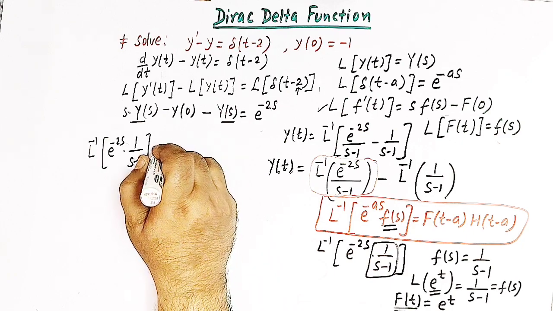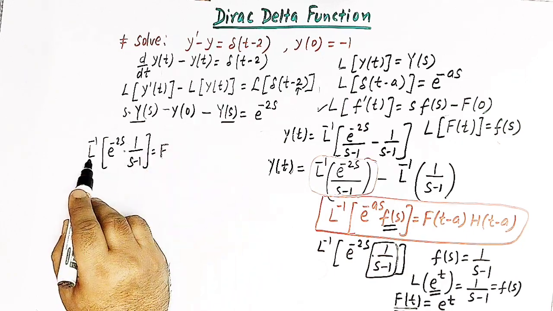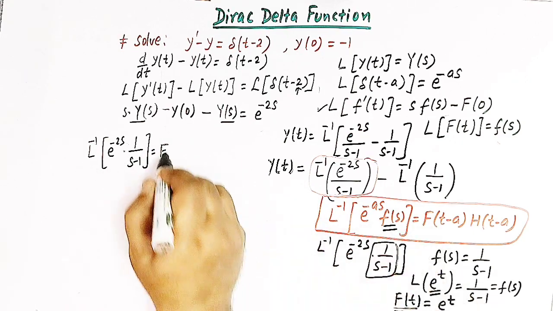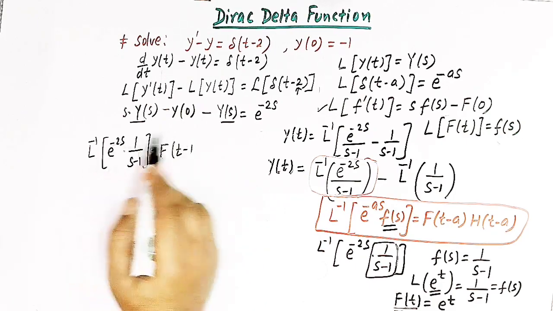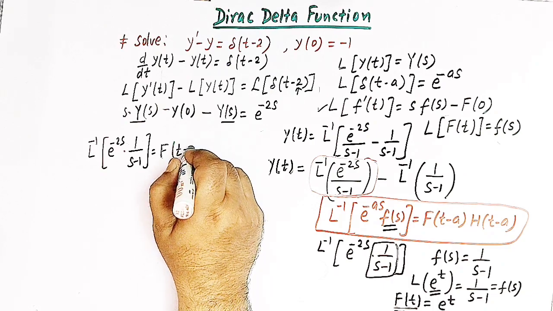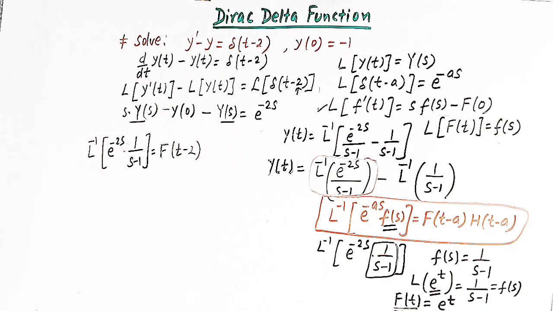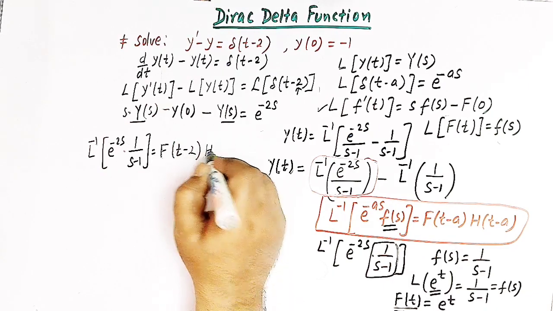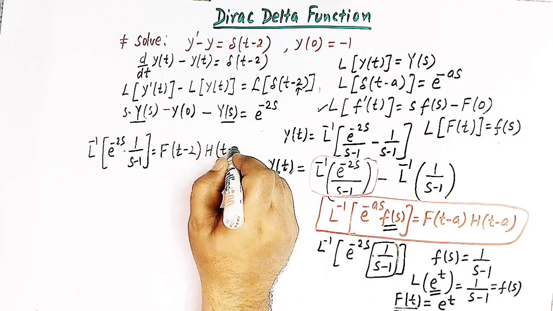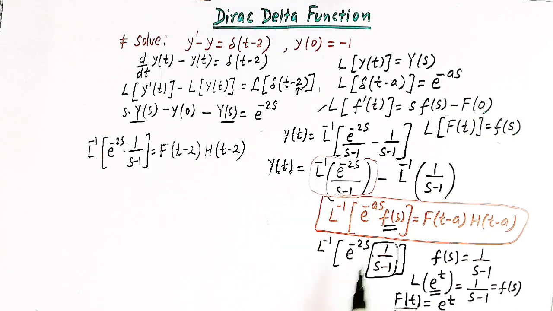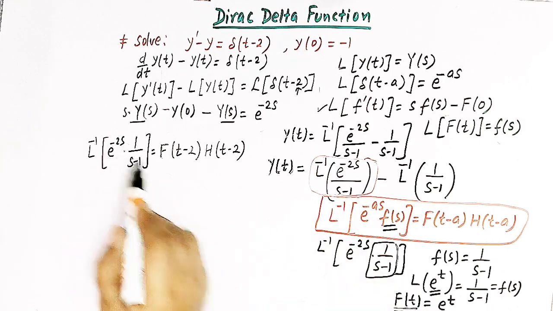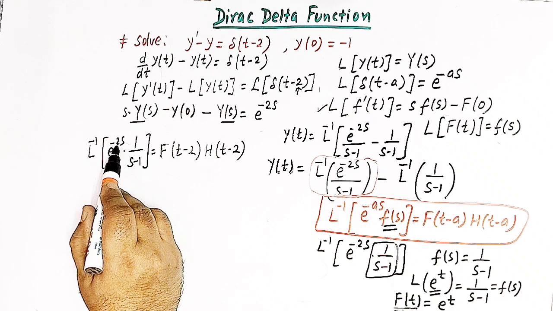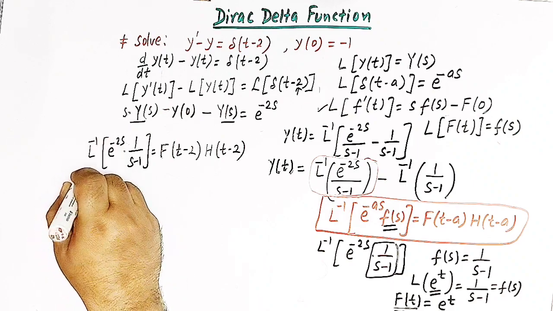So we can now write this inverse Laplace transform as f of t minus a, here we have the value of a as 2, then we have h of t minus 2, right? Because if we compare this term with this one, then the value of a is given by 2, right?